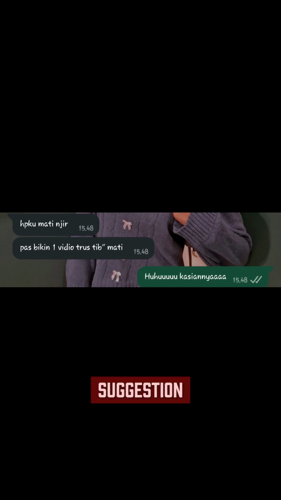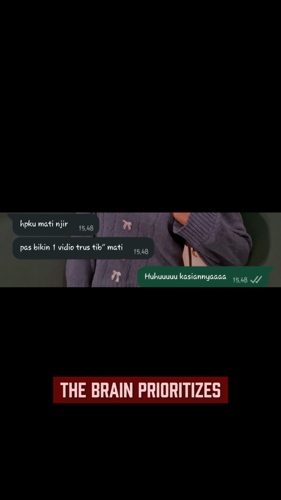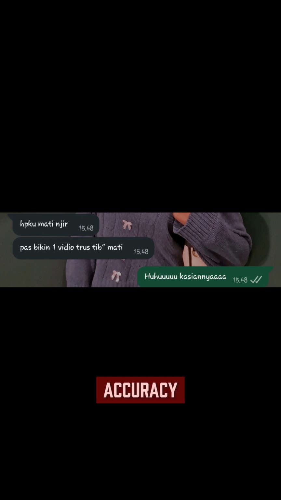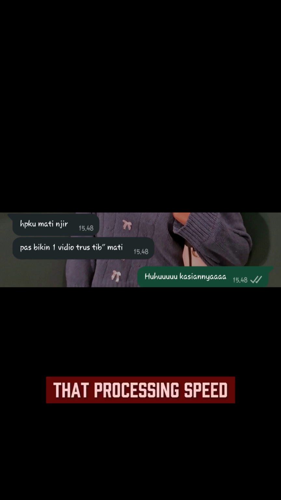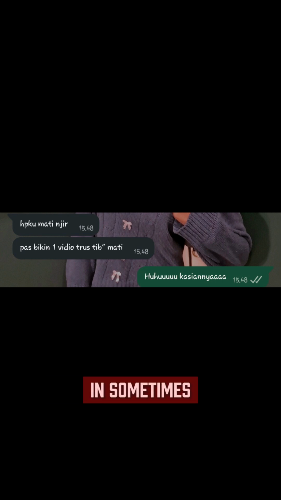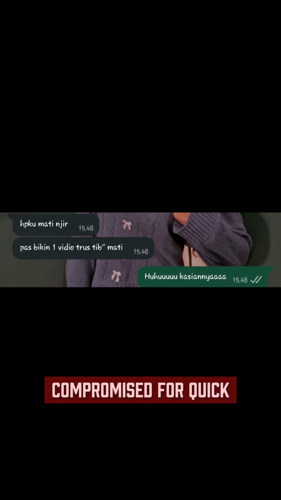This error suggests that in the rapid process of linguistic production, like typing in a chat, the brain prioritizes message completion speed over lexical accuracy. This error proves that processing accuracy is sometimes compromised for quick response.